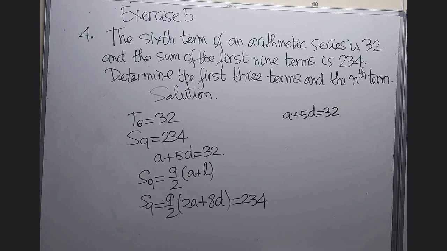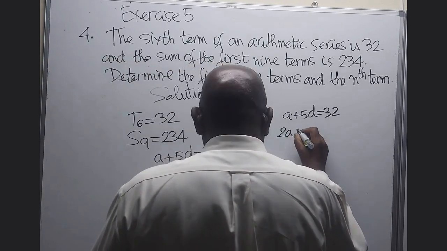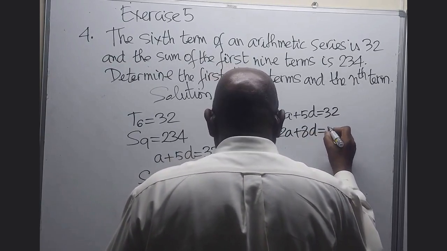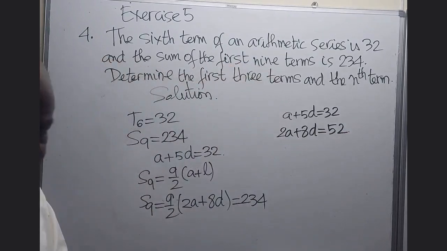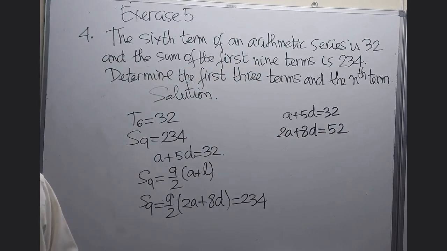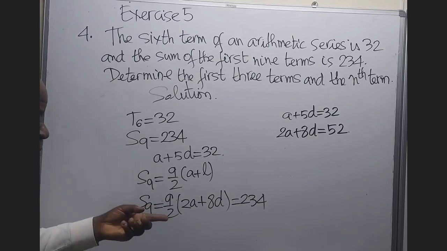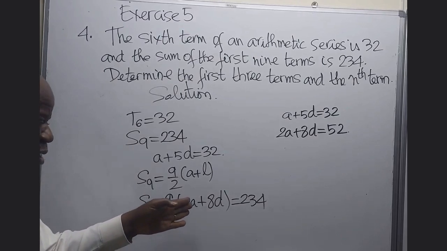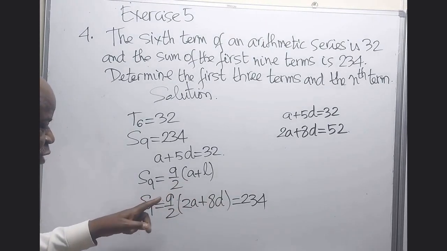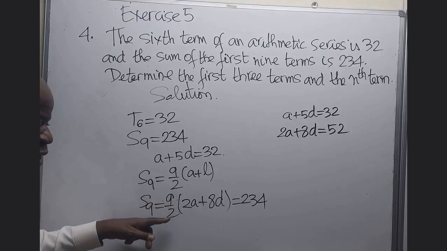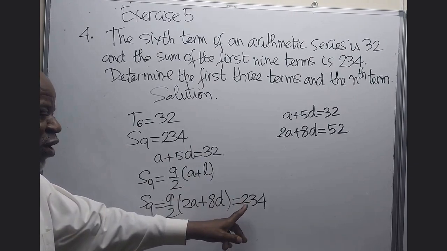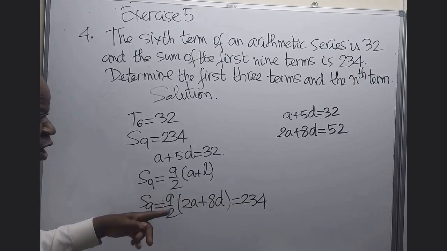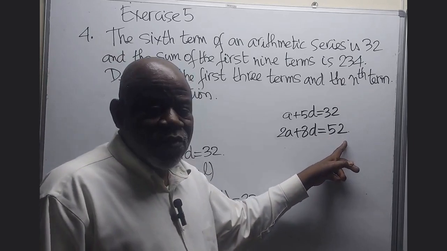This will give me 52. So here we're going to have 2a plus 8d is equal to 52. If you can understand what I've done here, by multiplying this left-hand side by 2 over 9, this will give us 1. And I'm going to do the same on the other side. 234 multiplied by 2 over 9, then I'm getting 52.